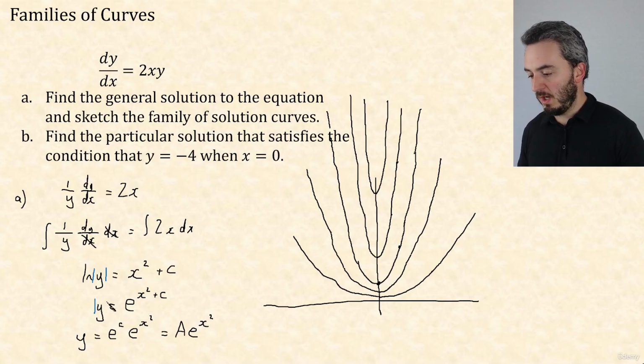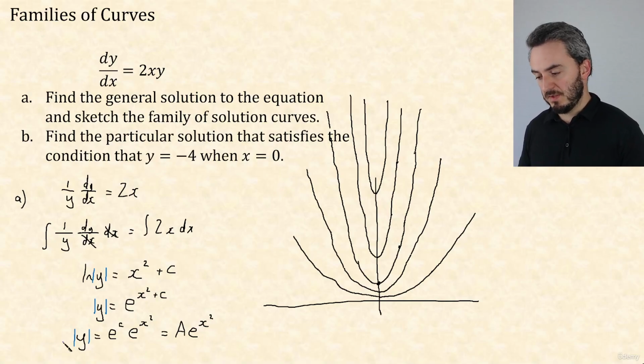So mod y equals e to the x squared plus c, and so mod y equals e to the c times e to the x squared, and mod y equals A e to the x squared. And that would mean that potentially minus y could equal A e to the x squared, because that modulus disguises any negatives. And so effectively y could be positive or negative.